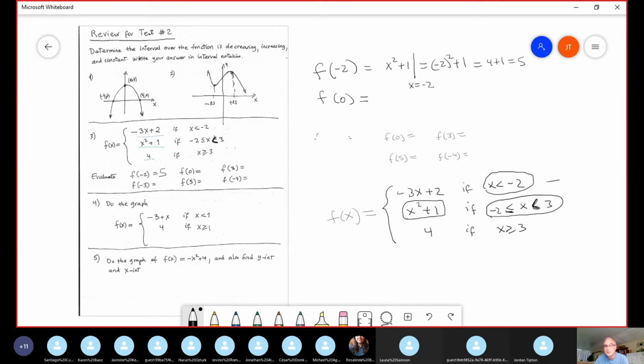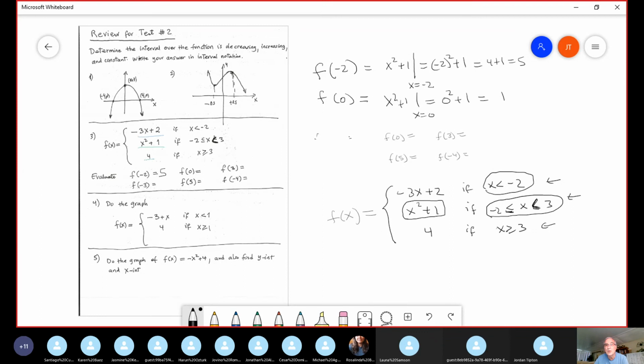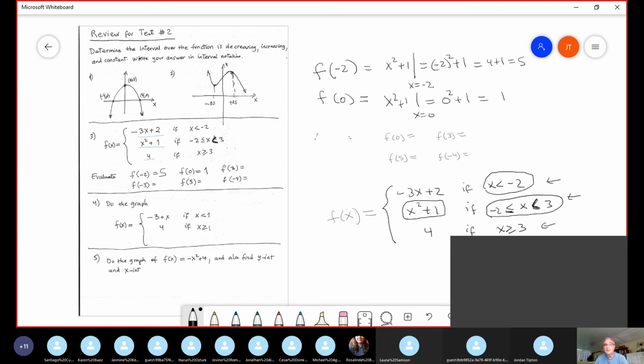To the first one, to the second, or to the third? To the second again. Since it's the second again, you select exactly the same expression, but now you evaluate at x equals 0. So 0 squared plus 1. 0 squared is 0, plus 1 is 1. The answer is 1.